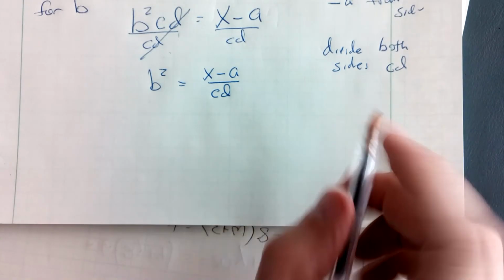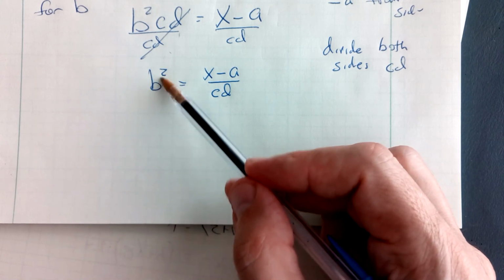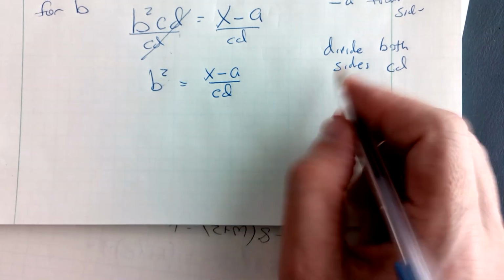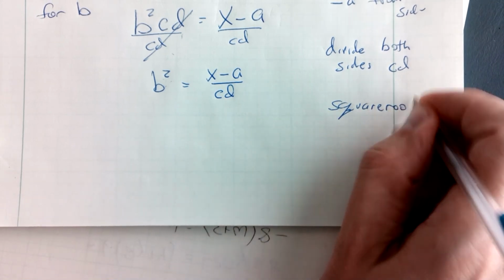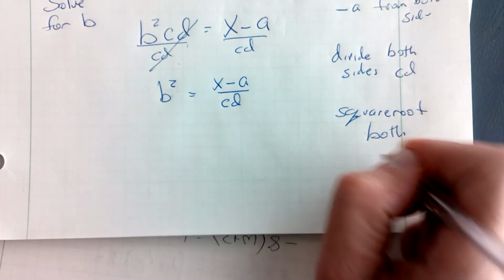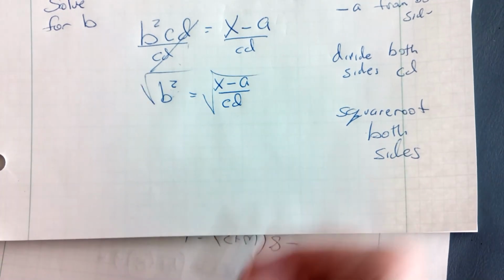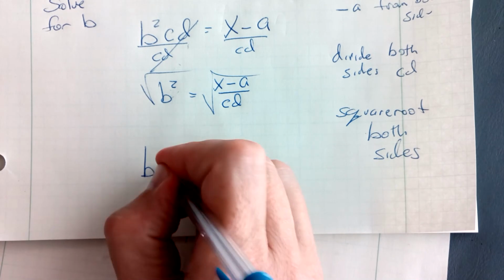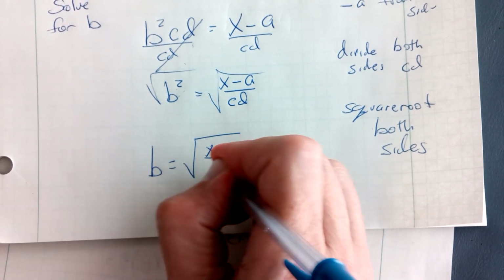And then again, I'm solving for b, so I'm not solving for b squared. I want to get rid of this squared. So I'm going to square root both sides. Take a square root, take a square root. I get b equals the square root of x minus a over CD.